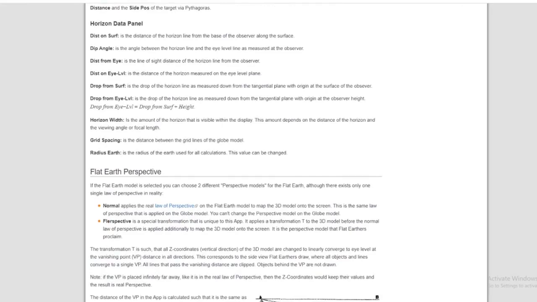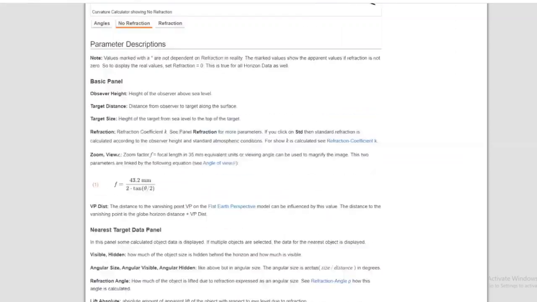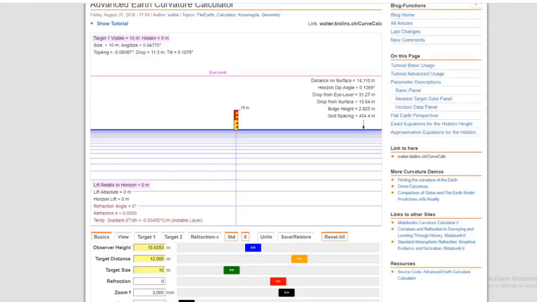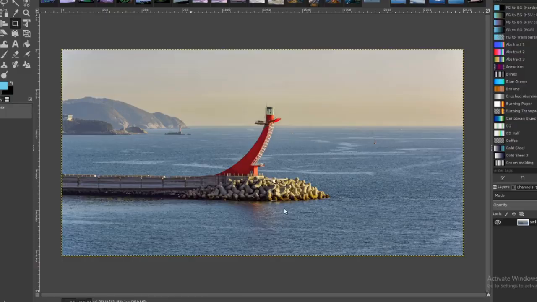So all these mathematical formulas that we'll see here will prove the model in and of itself, but they do not reflect the reality of an observation, such as looking at this lighthouse and seeing the horizon at our eye level.